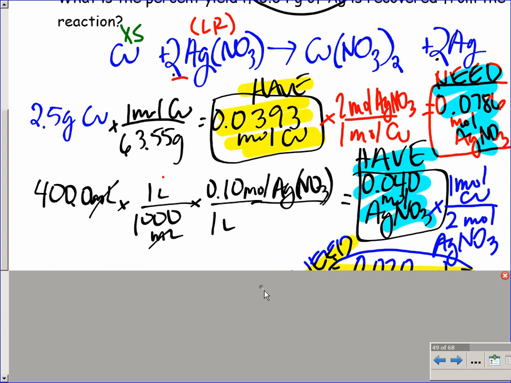Take the difference. And you got 0.19339. I'm sorry. Yeah. Was your limit silver nitrate? Yes. And then for excess, one more. So excess copper.